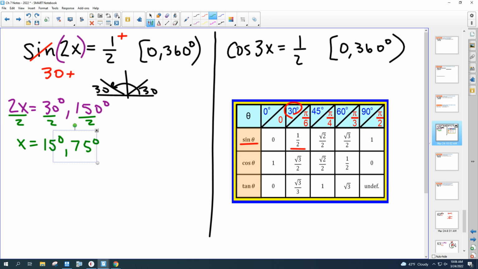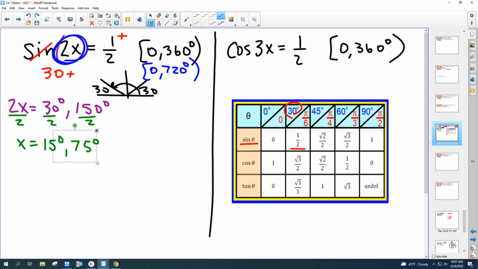But there's one extra thing that we're going to have to do that we never had to do before. Something weird happens when we have a double angle. When we have a double angle, we have to double the interval. That's kind of hard to understand, but the easy way to remember it is instead of just going around the circle one time, we're going to go around twice.